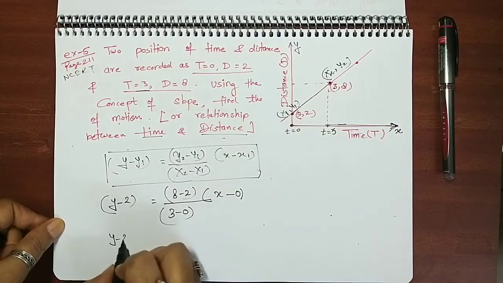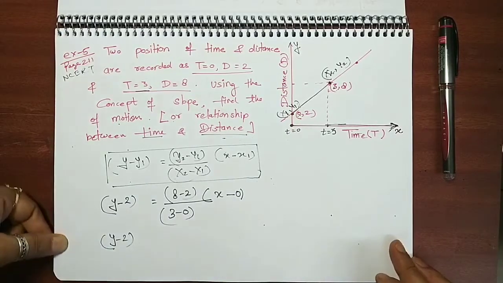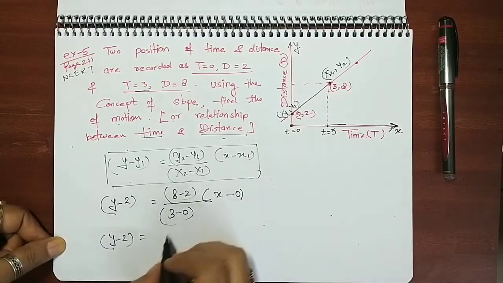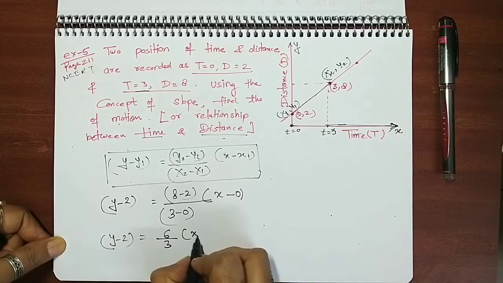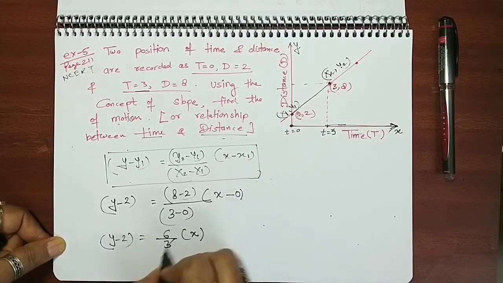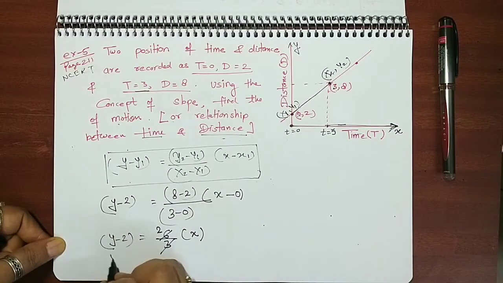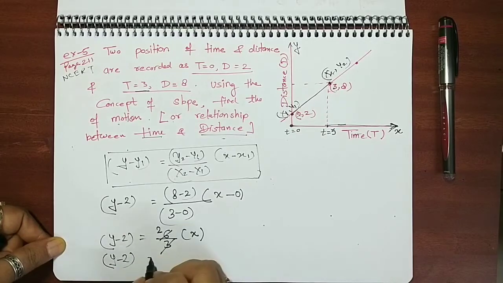So let me write down: y minus 2 is equal to 8 minus 2, which is 6, by 3, times x. The 0 I can leave, and 6 by 3 is 2. So what I am getting is y minus 2 is 2x.